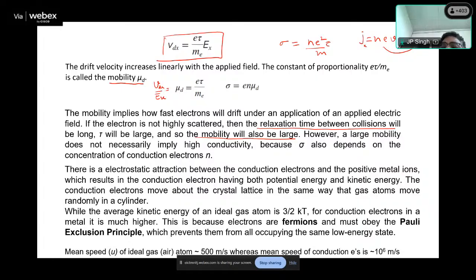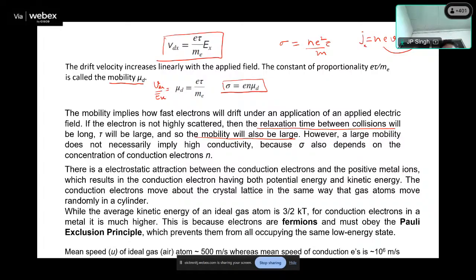But we have to keep in mind that large mobility does not always imply high conductivity. Why? Because the conductivity and mobility relation also depends on the concentration. So a material might have a larger mobility but a smaller conductivity.